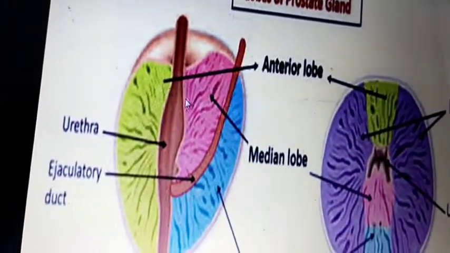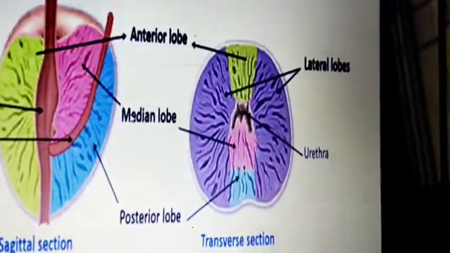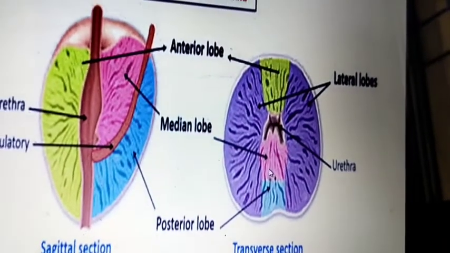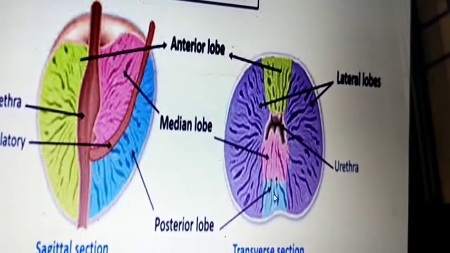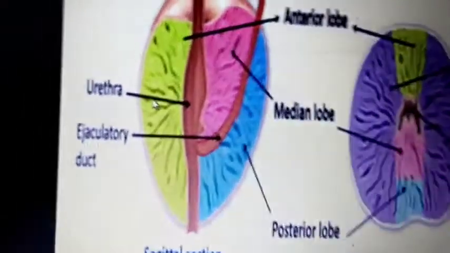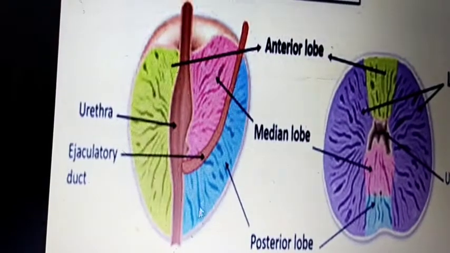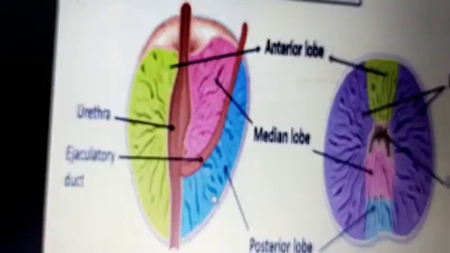This is a sagittal section of the prostate, and this is a transverse section. This is the urethra, with the anterior lobe, median lobe, posterior lobe and lateral lobes.